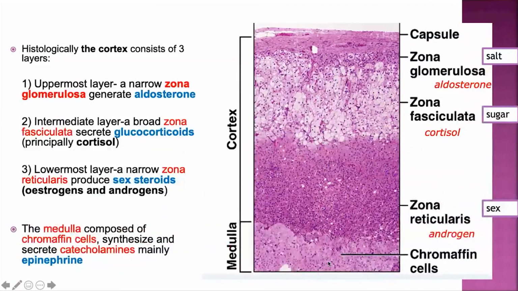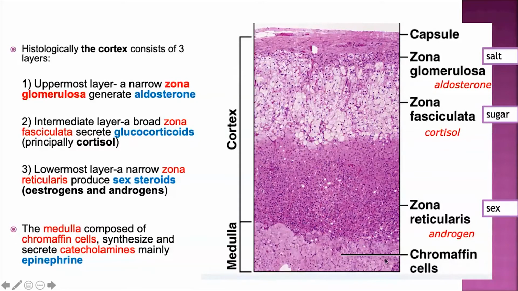Okay. This is the microscopy, the morphology of the cortex. You can see here the fibrous capsule, and just beneath the capsule, we have the zona glomerulosa that produces aldosterone. Then we have the zona fasciculata that produces cortisol, and the zona reticularis that produces androgen. After that, we have the medulla that is composed of chromaffin cells.